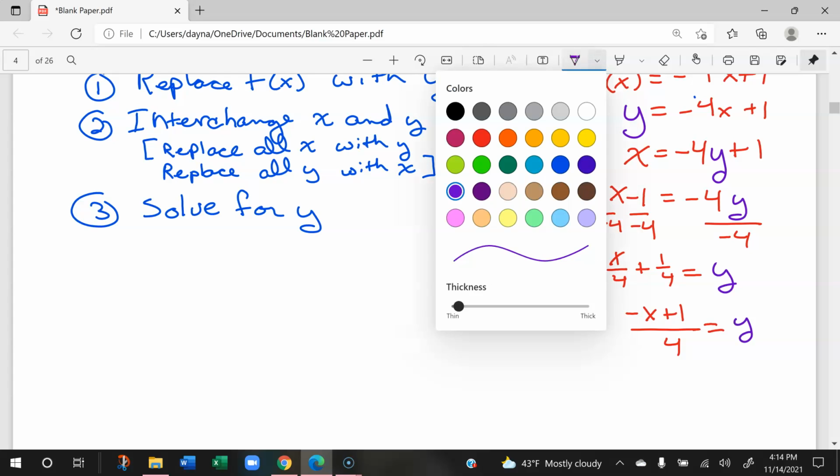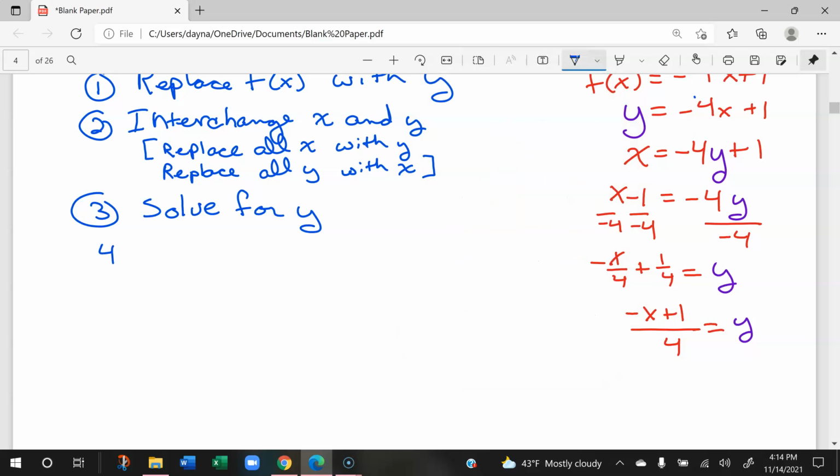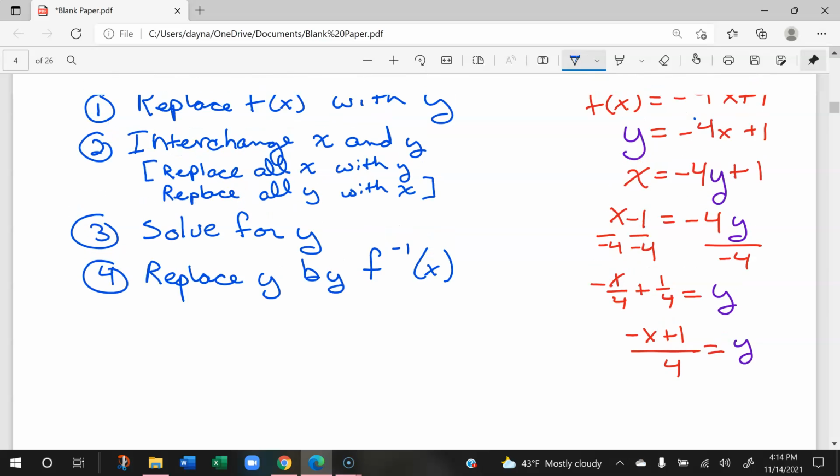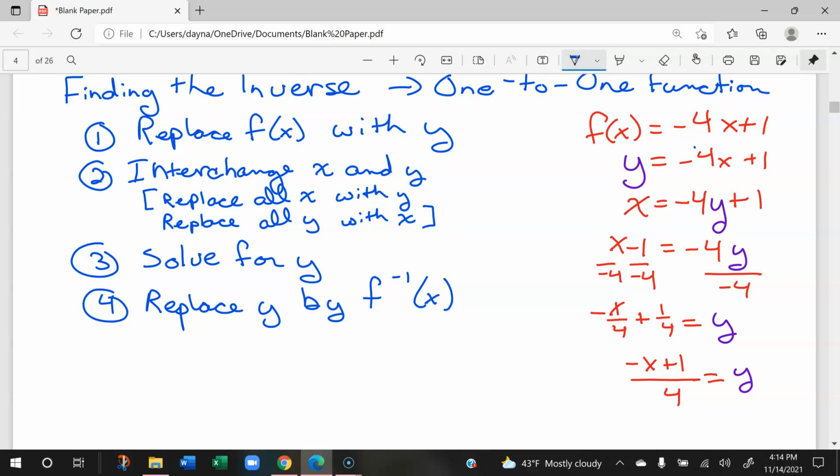Okay? Your last step is going to sound crazy, but you want to go back and replace your y by f inverse of x. Or if you started with g, use g inverse, h inverse, whatever your function name was. This way you are showing that this is the inverse of what you started with.